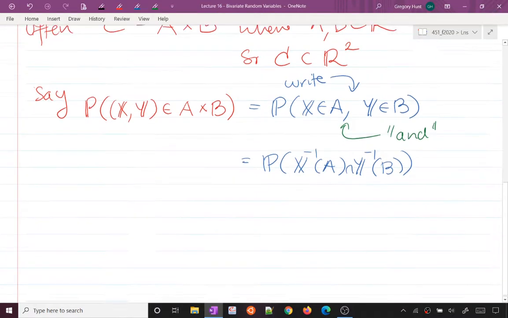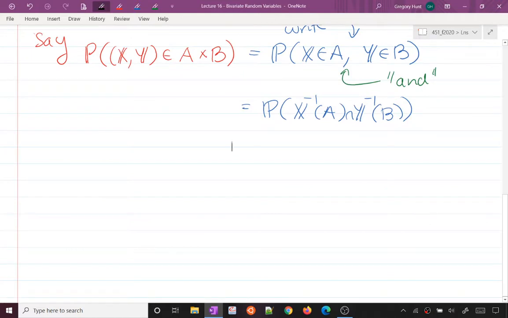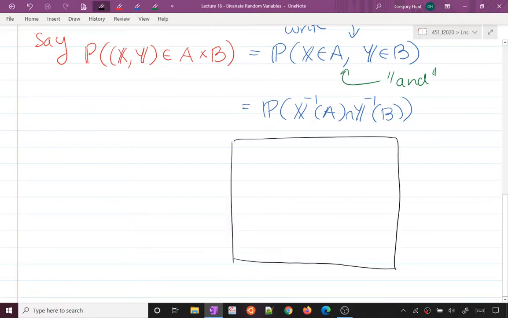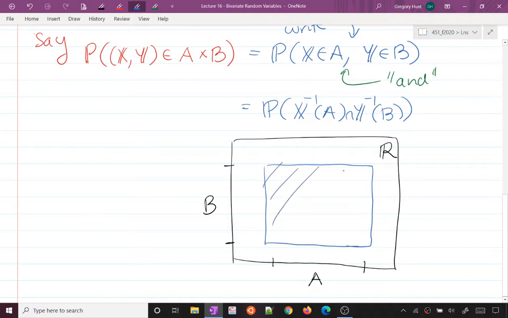The picture to go along with this would be that here is my real plane, and I have some subset B and some subset A, and the Cartesian product of A and B would be this square here. So that's what a Cartesian product looks like.